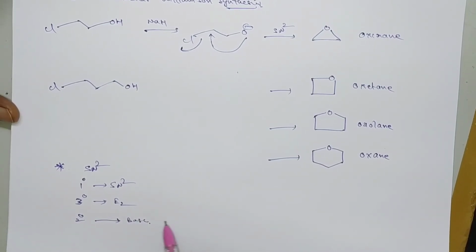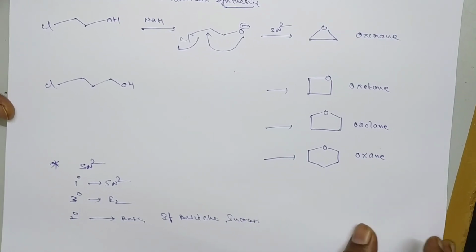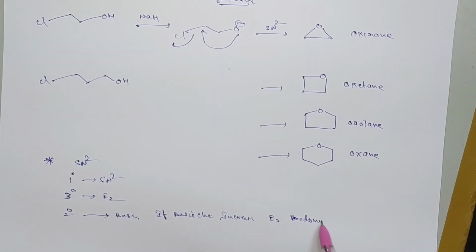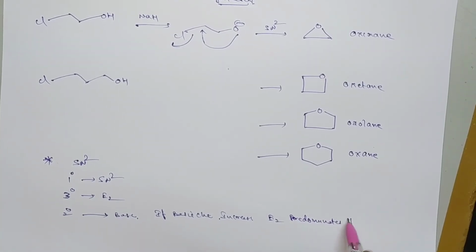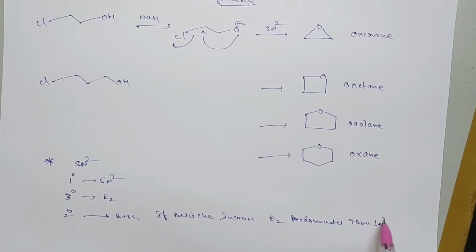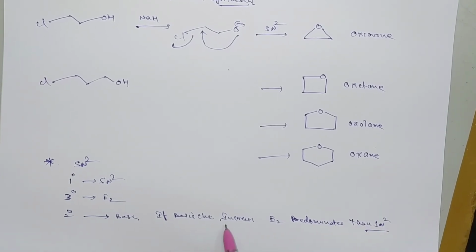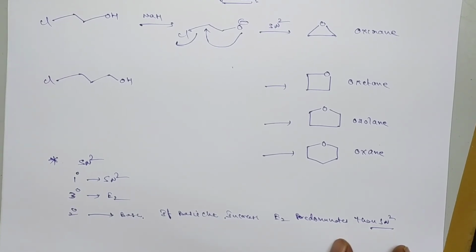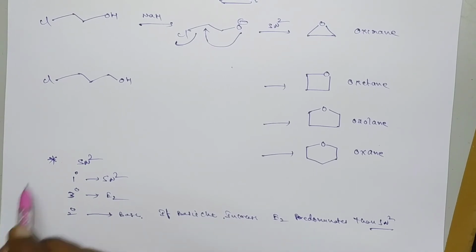If the basic character increases, then E2 predominates over SN2. So the E2 reaction takes place by increasing basic character. Okay, remember all these points carefully.